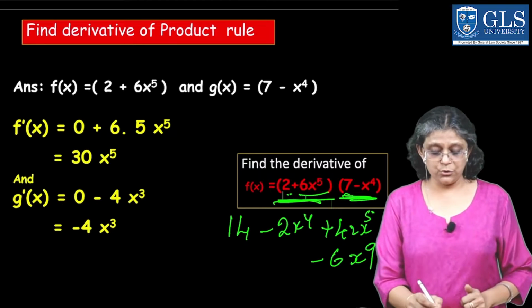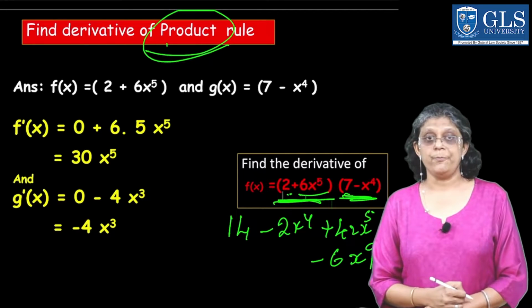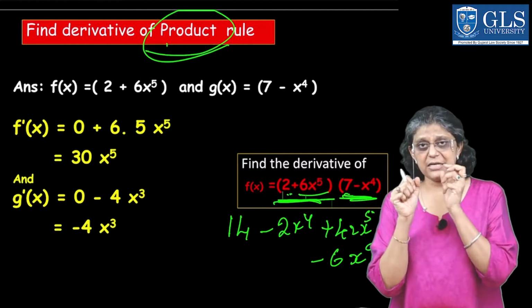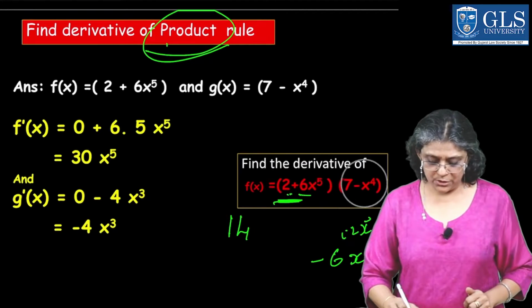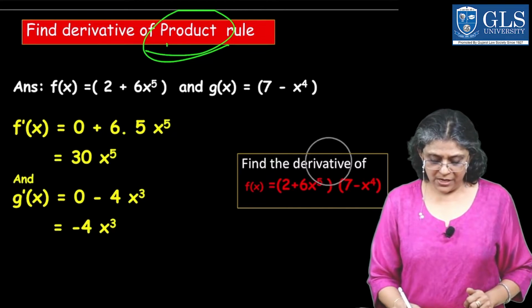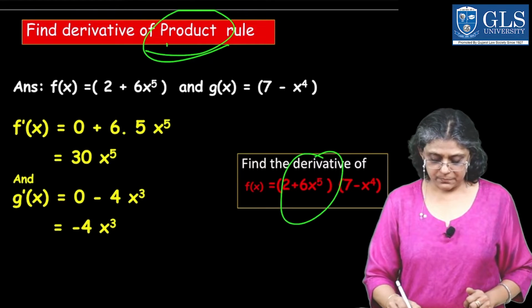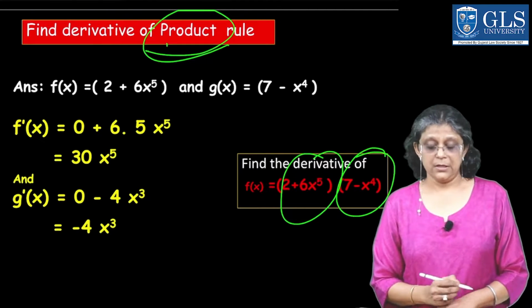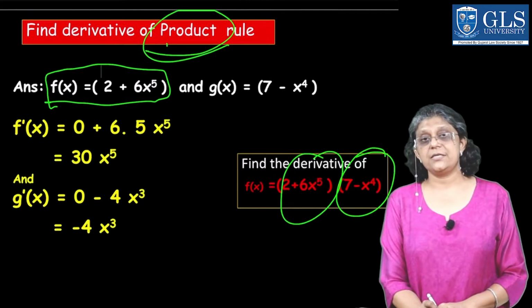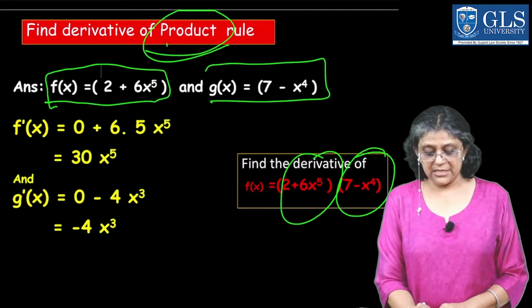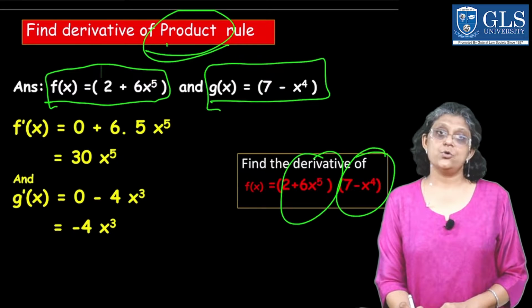So let us use the proper product rule. Now, how many multipliers are there? There are two things. Which are those? One is this and the other is this. Clear? So I will assume f(x) as 2 plus 6x⁵ and g(x) as 7 minus x⁴.